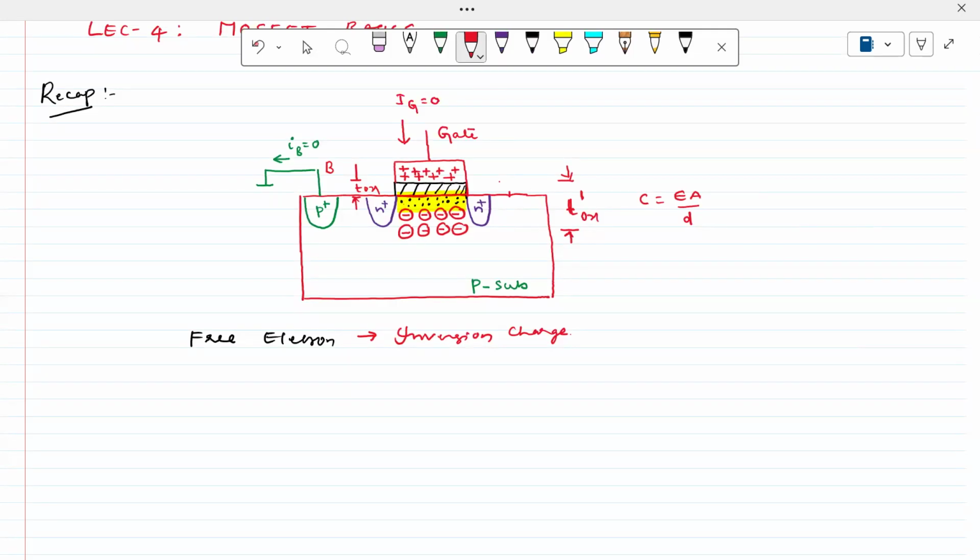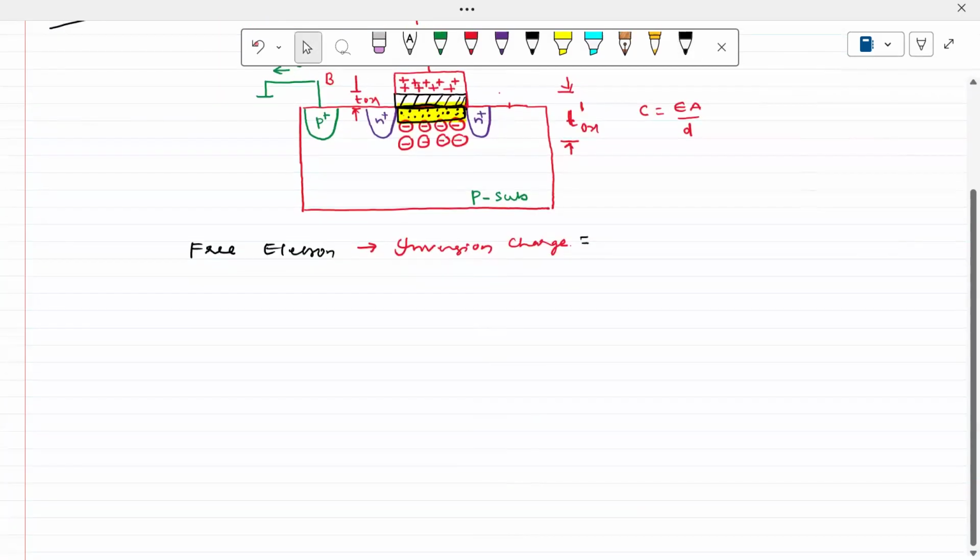Right. So we need to think about the other two things. We have seen the N plus and N plus so far. There are free carriers available at this place, and this is also called the channel.